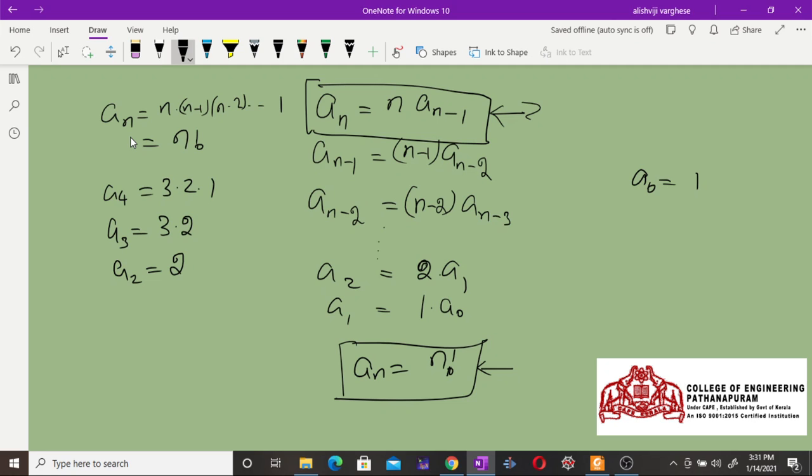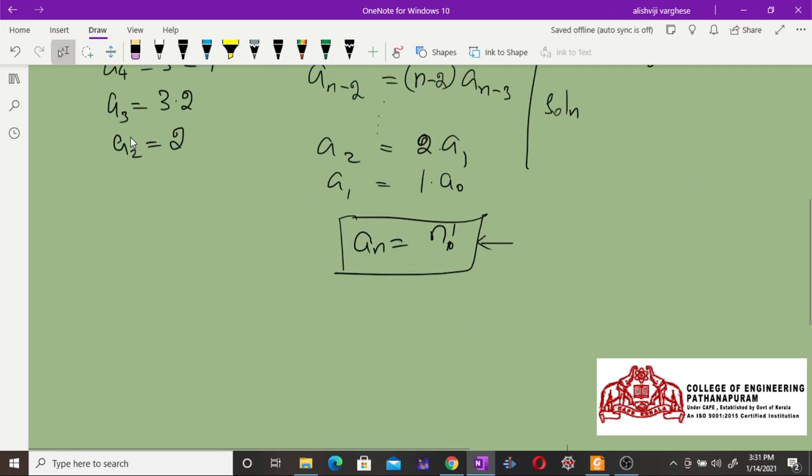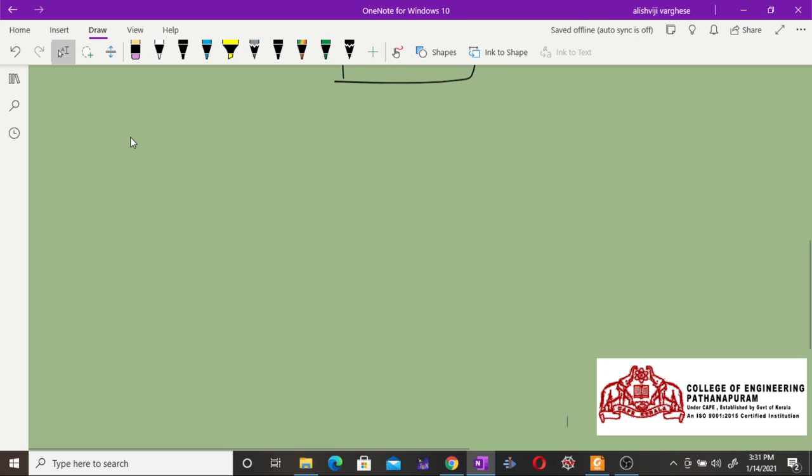The second expression, an is equal to n factorial, is said to be a solution of the given recurrence relation an is equal to n into an minus 1. In many cases, this method will give the solution for a recurrence relation.